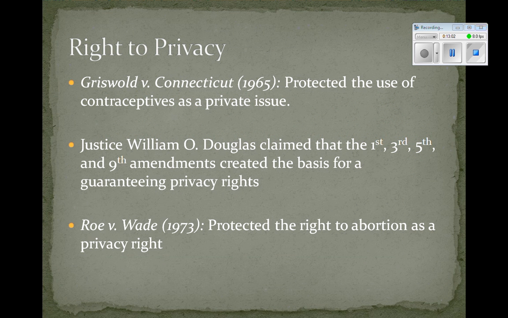Now, I also want to talk about this idea of right to privacy, because the right to privacy is nowhere exclusively said you have the right to in the Constitution. It does not hold its own First Amendment right.